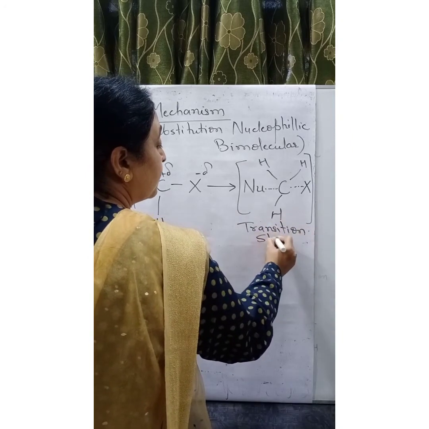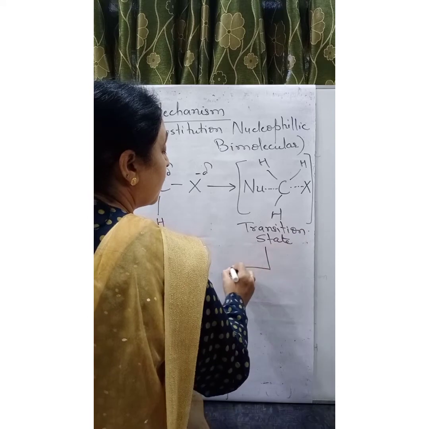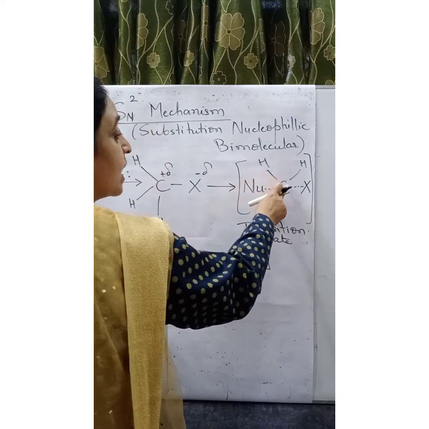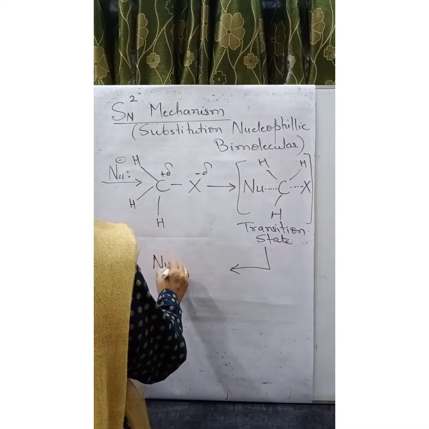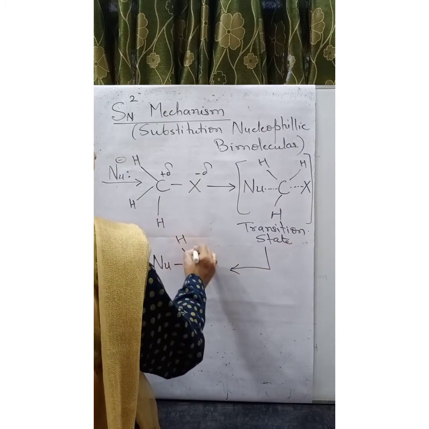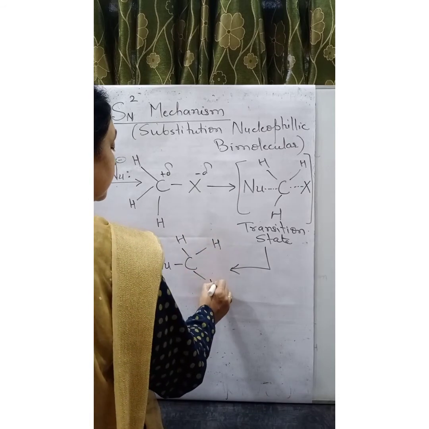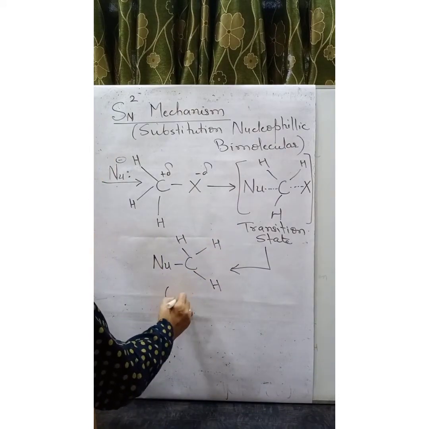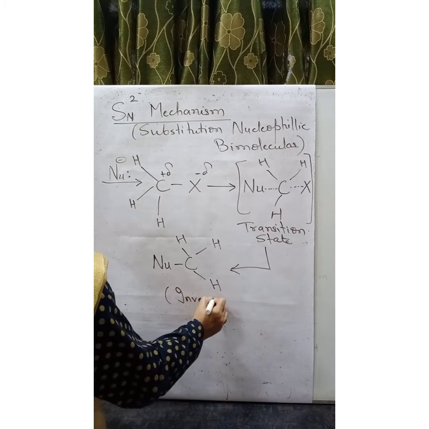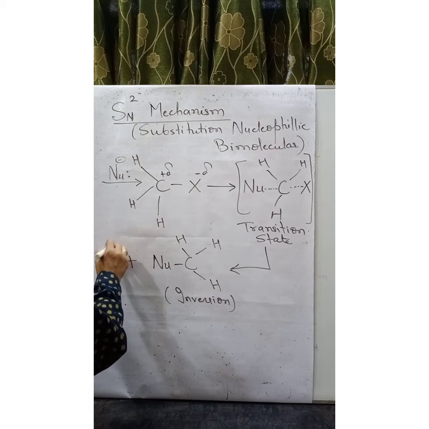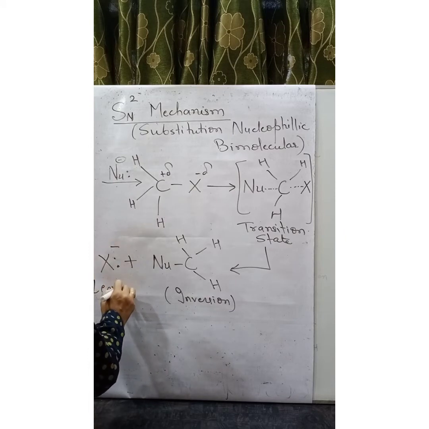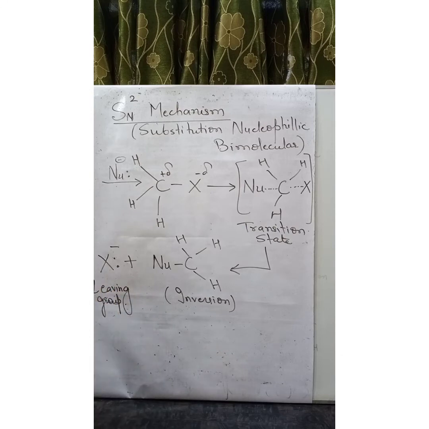Then slowly the nucleophile approaches closer to the carbon and the halogen leaves, giving rise to an inverted product. So this is our product where inversion is there and the leaving group is halogen. Basically it is just like an inverted umbrella in strong winds.